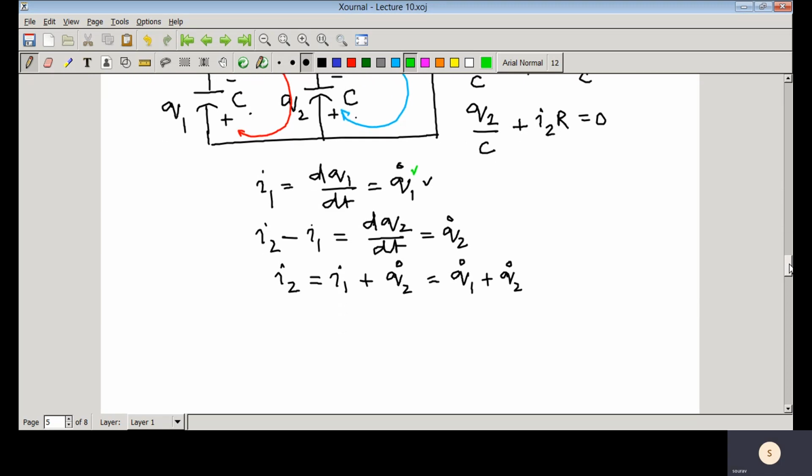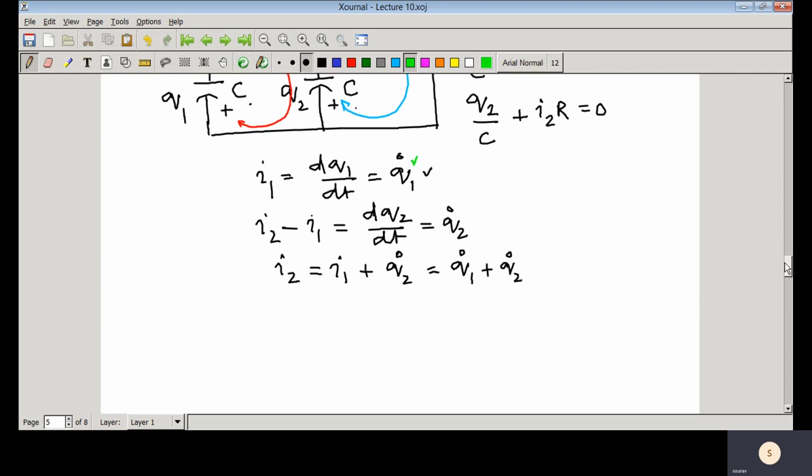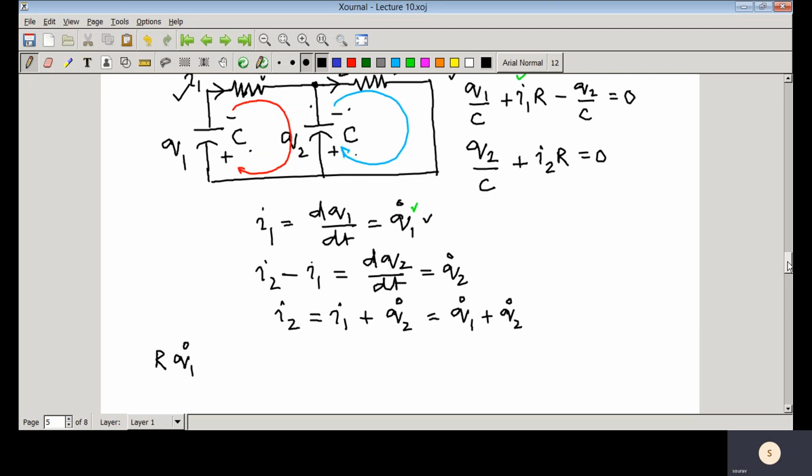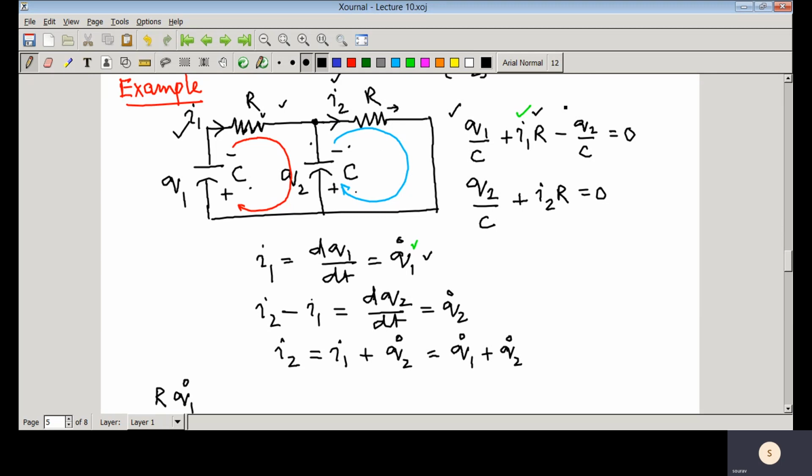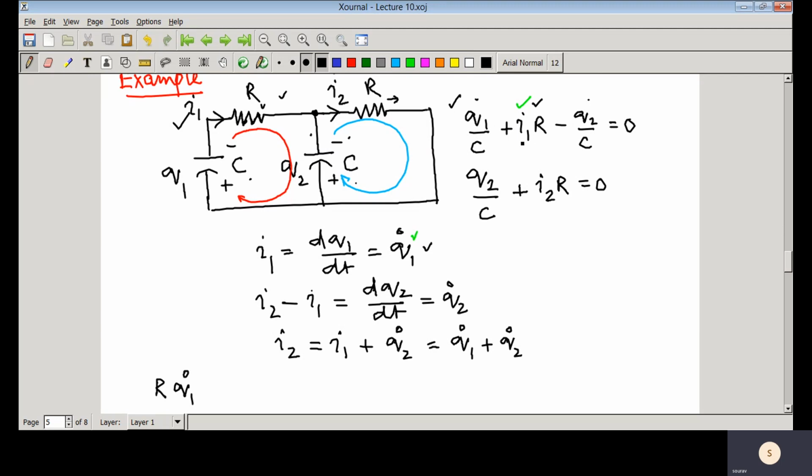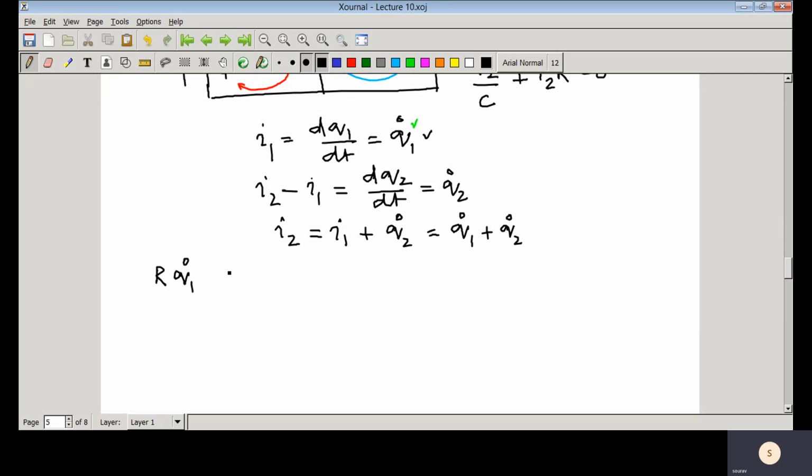So then if I write it here, what I will get is R q1 dot, you can see this term R q1 dot, then I am taking the other terms to the right hand side, so that means minus q1 by C and plus q2 by C. So this is equal to minus 1 by C q1 plus 1 by C q2. So we have this first equation.